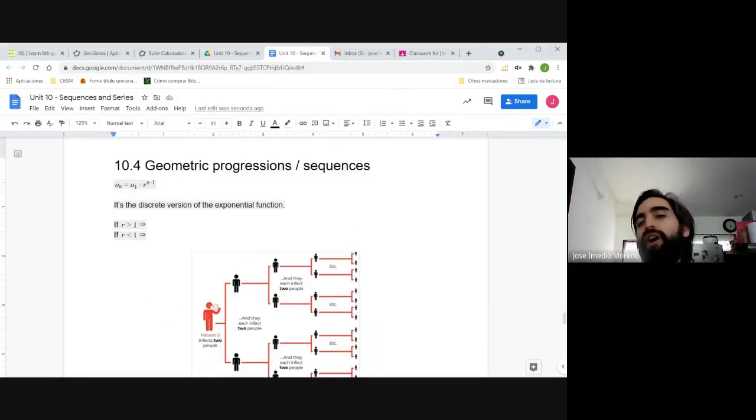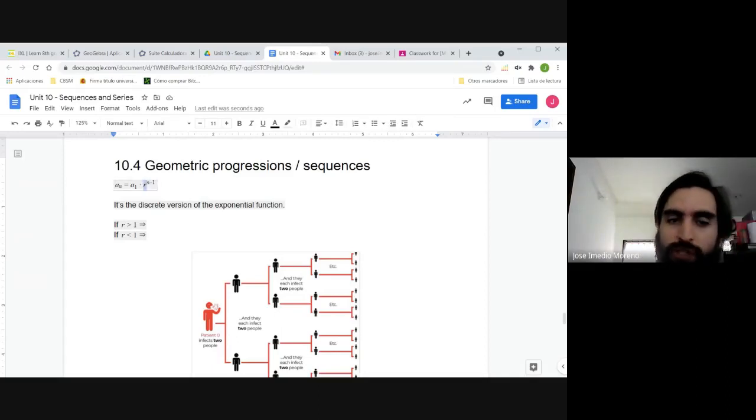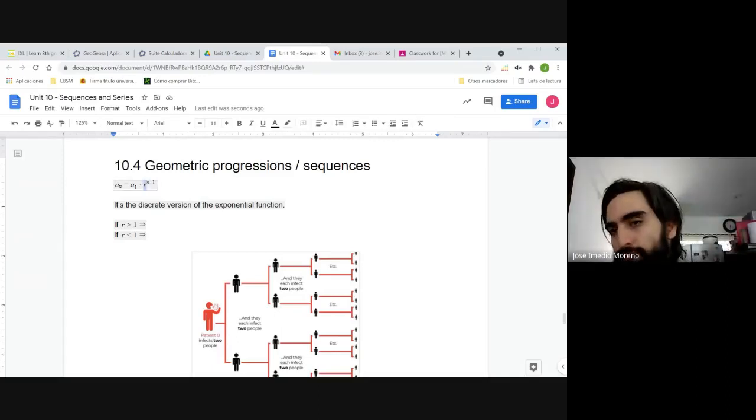Now, instead of adding a number all the time, we are going to multiply. We will be multiplying that number by a constant. So each term is the previous one, but multiplied by a specific number. That number is r, which is called the ratio.